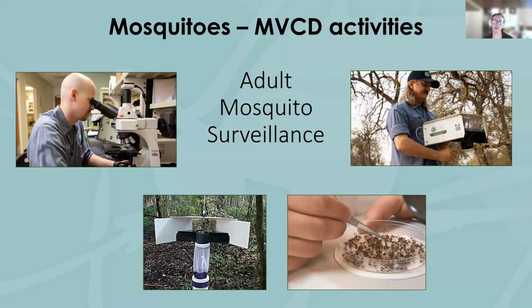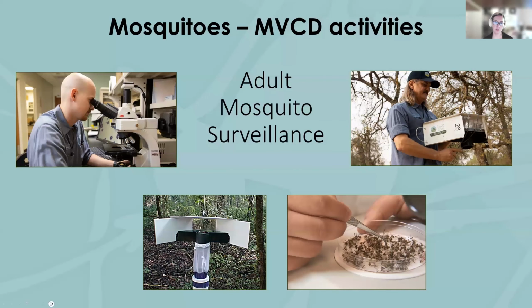Similarly, most vector control districts have a surveillance program for adult mosquitoes that involves mosquito trapping. These are some photos of just a couple kinds of the many types of mosquito traps that are out there. Mosquito traps vary in their exact design, but most of them use some kind of attractant, often carbon dioxide, to bring the mosquitoes close.